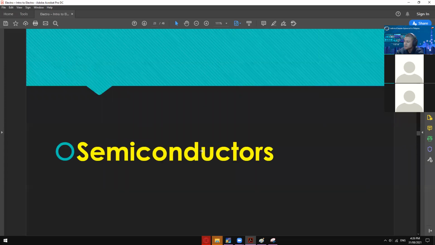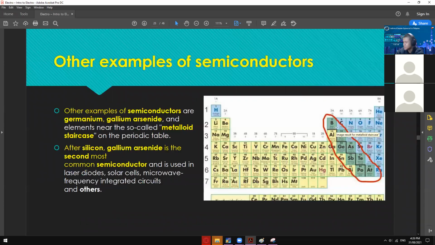But in some of the semiconductors, some have 3 electrons, some have 5, which we don't want. It needs to be a perfect semiconductor. It can't be 40%, it can't be 60%. It must be exactly 50%.